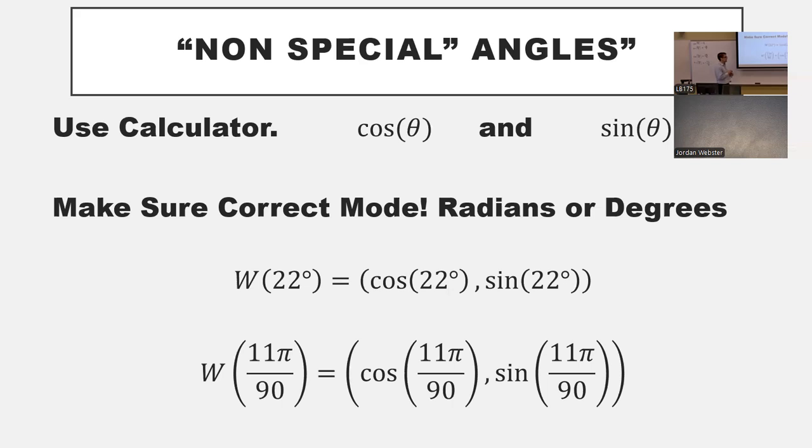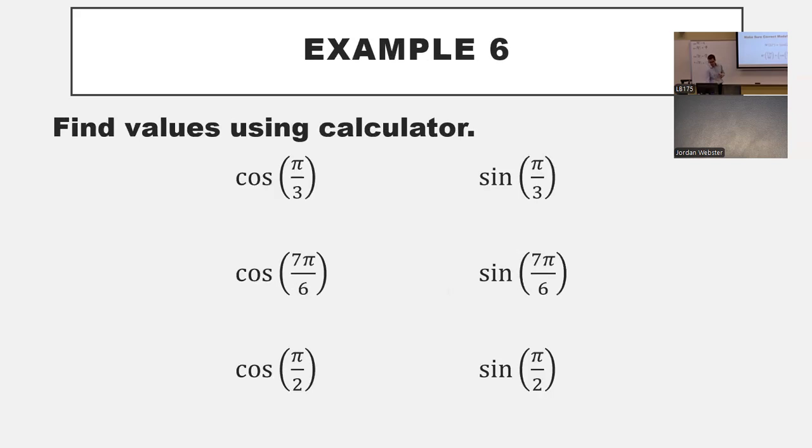But as always, the big thing about your calculator, I'll remind you again, is making sure your calculator is in the right mode. If you're using radians, make sure your calculator is in radian mode. That's what I've been doing. If we're using degrees, make sure your calculator is in degree mode.